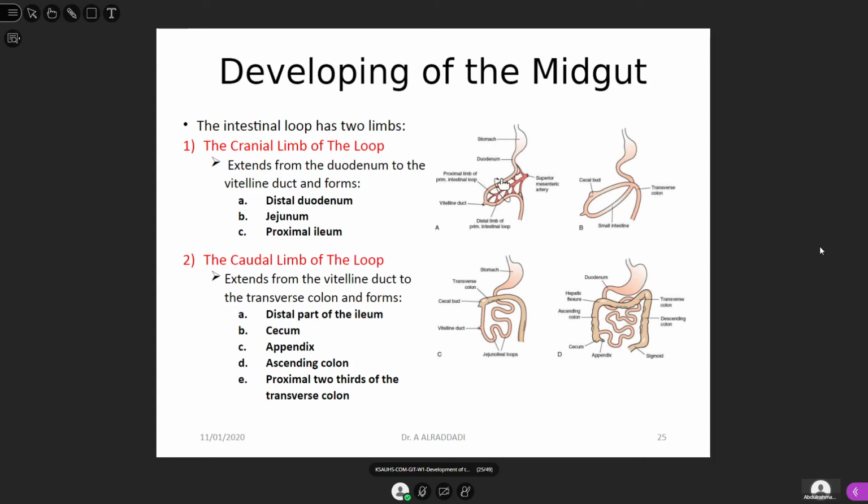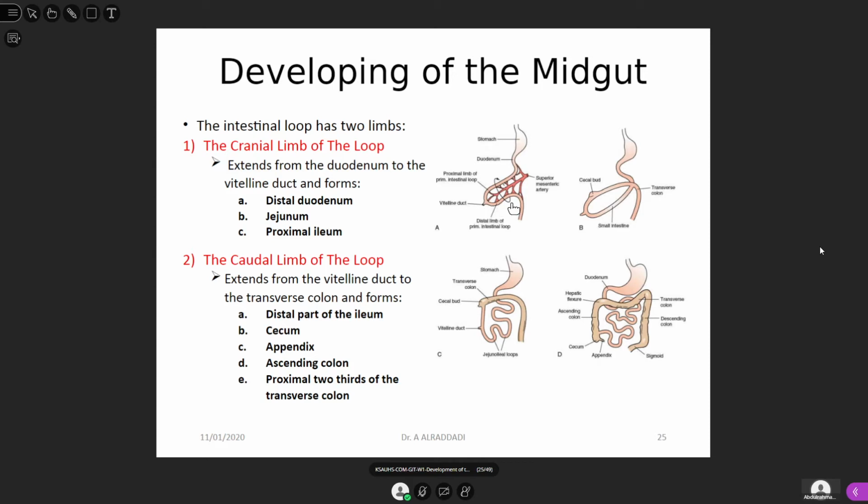We have the proximal limb and the distal limb. The proximal limb extends from the lower half of the duodenum to the vitelline duct, and this part will give rise to the distal duodenum, jejunum, and the proximal ileum.